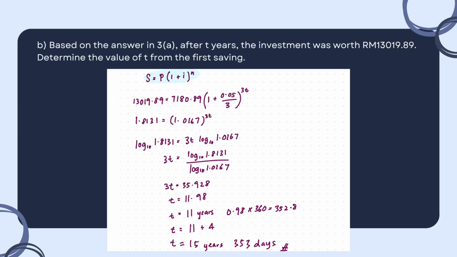First things first, we bring our P to the other side to divide with our S, and we will get 1.8131 equals, we also have to complete the calculation in the parenthesis, and we will get 1.0167 with the power of 3t.